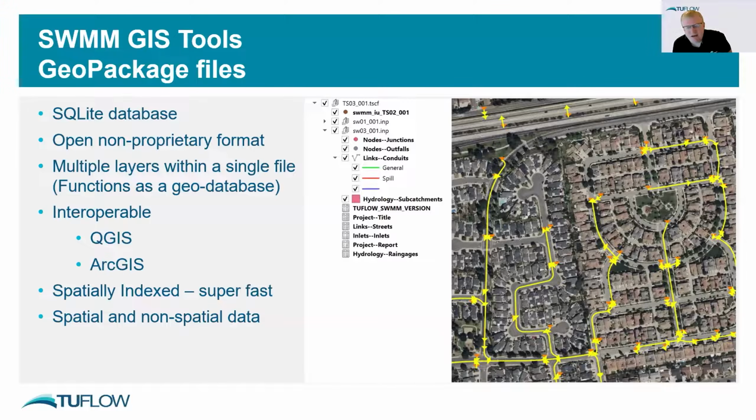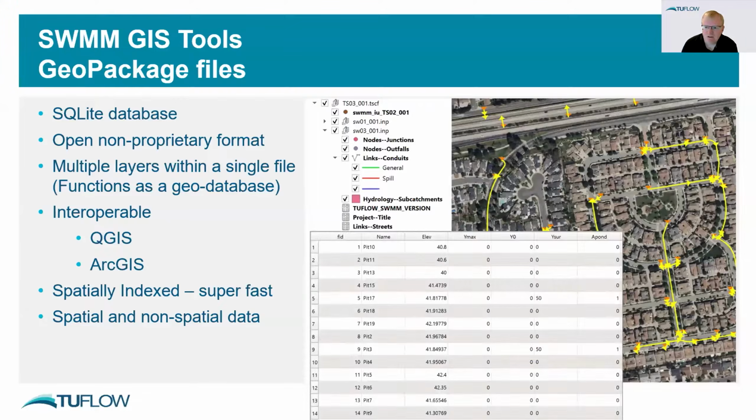It does not have a lot of the limitations that you have with shapefiles. With shapefiles, you have a lot of limits on the size of your columns, the names of columns, a lot of things. GeoPackage doesn't have that. We can have different kinds of data, right? We can have data that's spatially there, like some of those.